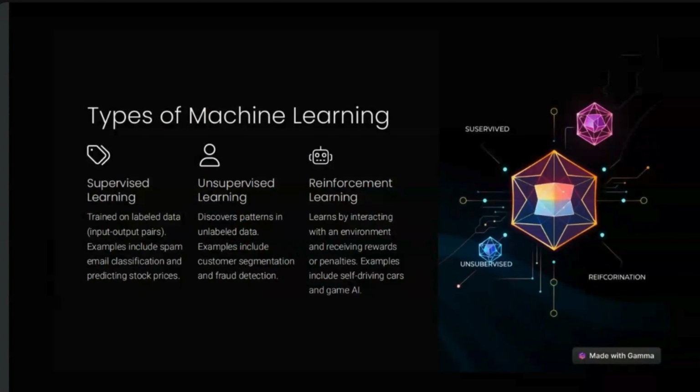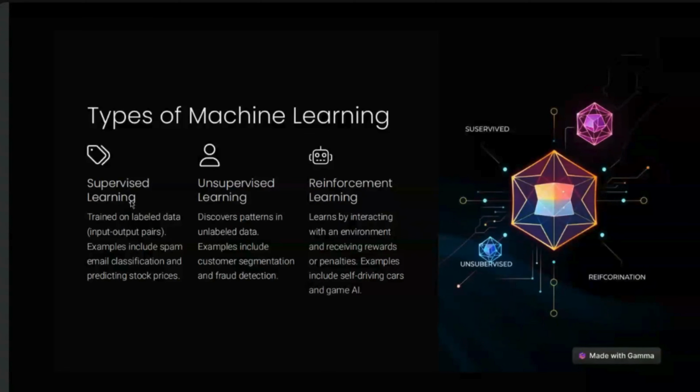So let's see what the types of machine learning are. There are three types of machine learning. The first is supervised learning, the second is unsupervised learning, and the third is reinforcement learning.